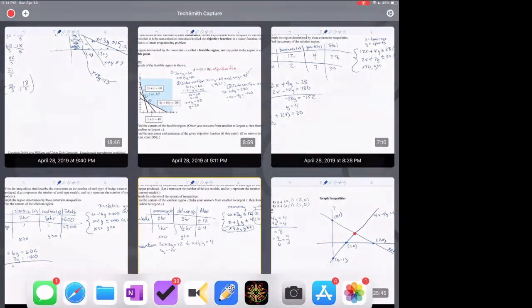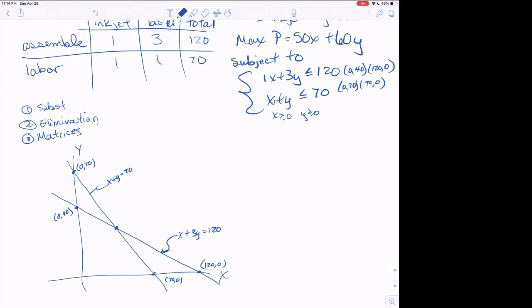Oh, wrong thing. So what I did was I set it up as a matrix. So I did 1, 3, 120, 1, 1, 70.